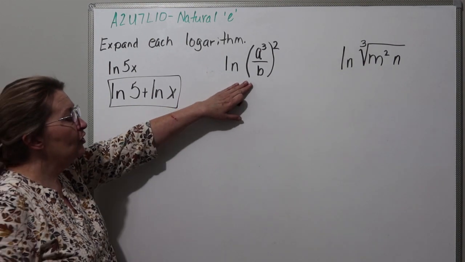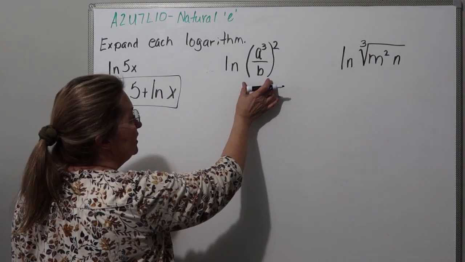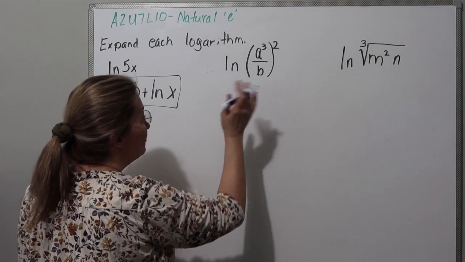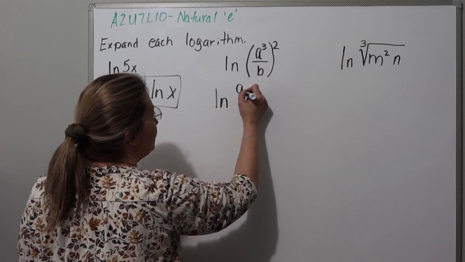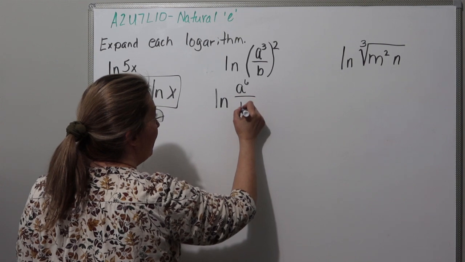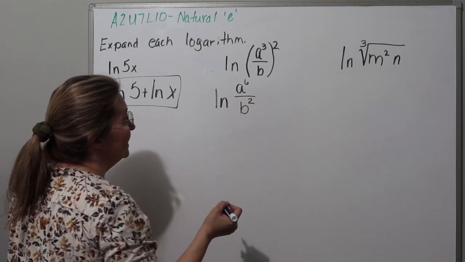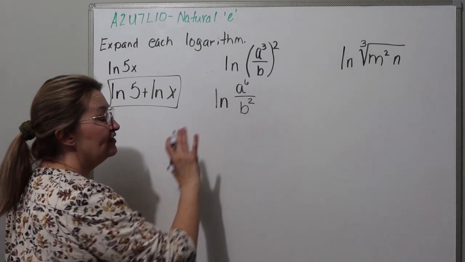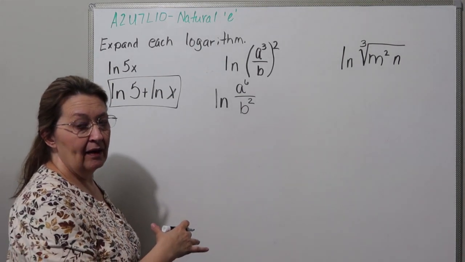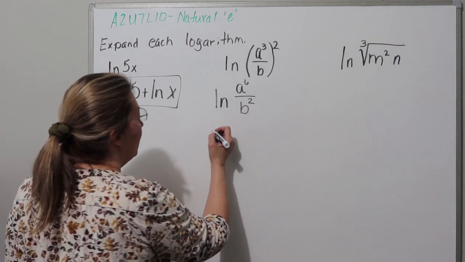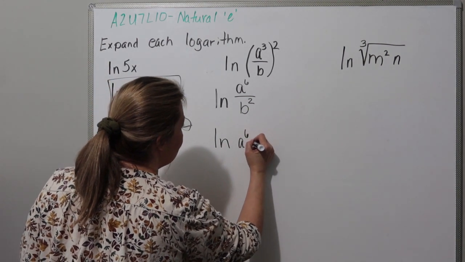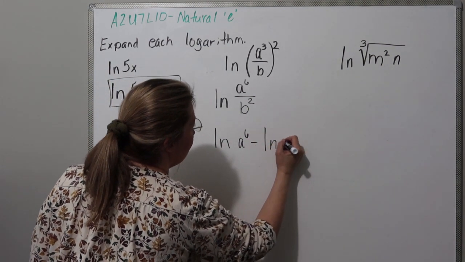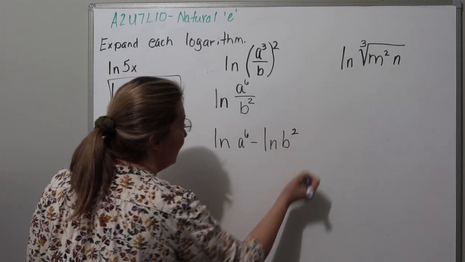All right, now here I have a fraction inside parentheses with an exponent, so I'm going to simplify that first. So this is going to be a to the 6th power, b to the 2nd power. Now I have a difference, so I can use my quotient property, and that's going to be ln a to the 6th minus ln b to the 2nd.